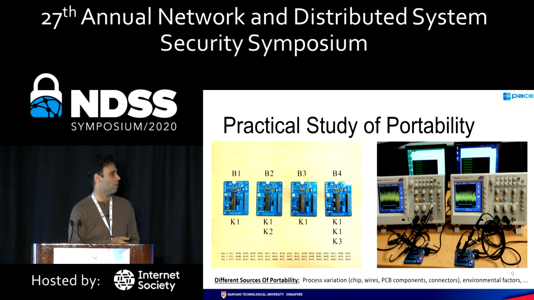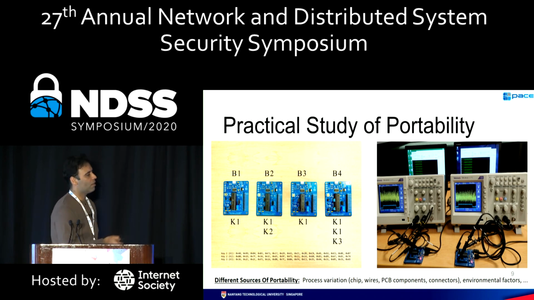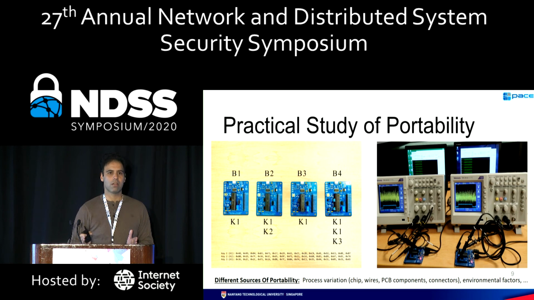To accelerate, we have parallel measurements so that we can get a lot of data sets. If you look at the whole measurement setup, you have several sources of uncontrolled variation. First of all, your chip has some process variation.